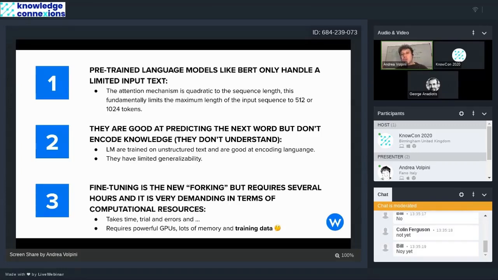So they are super good at predicting what's coming next, and we're using it already inside Gmail or our favorite text editor on our phone. But they don't understand exactly what we're talking about. They cannot encode knowledge, and one example was that, as we saw, they cannot count. Right, so they're limited in the number of operations that they can do.